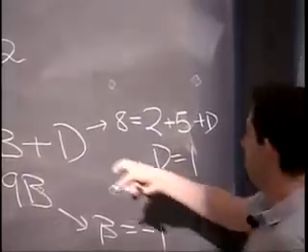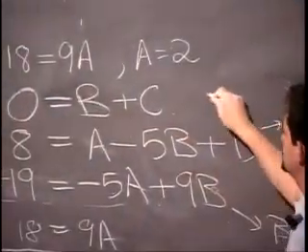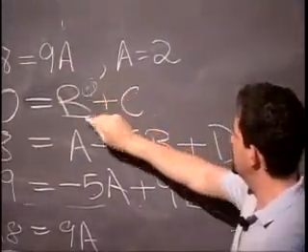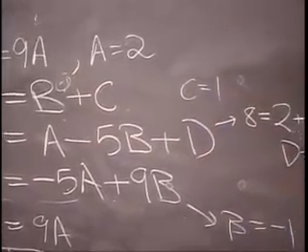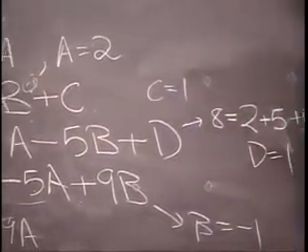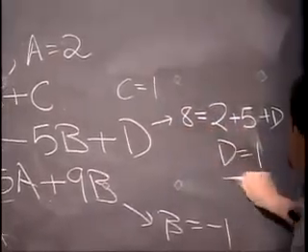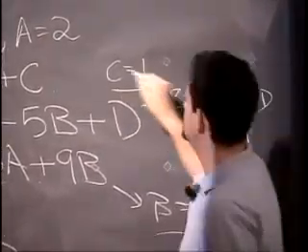And finally, up here, b is negative 1, so c has to be 1. So we found all 4 of them. A is 2, b is negative 1, c is 1, and d is 1. I'll just underline those 4 facts.